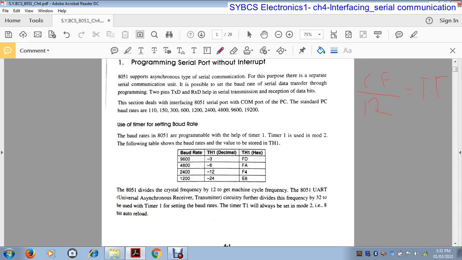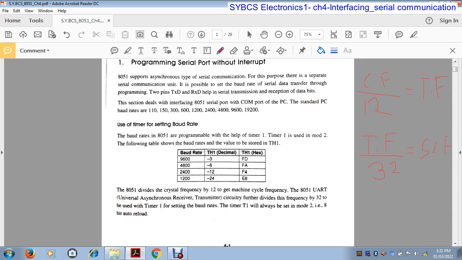Okay, so again this timer frequency is divided by 32, and then we get the serial communication frequency.